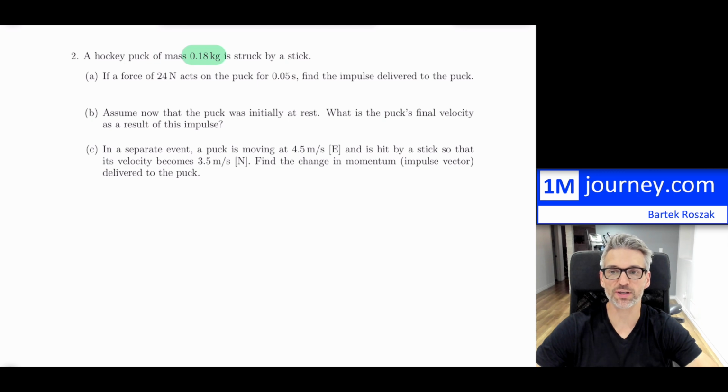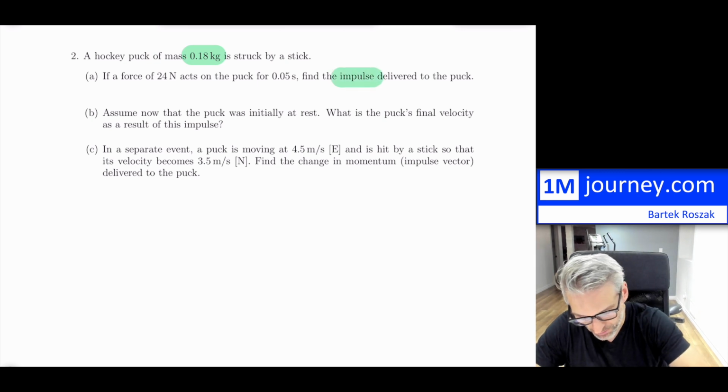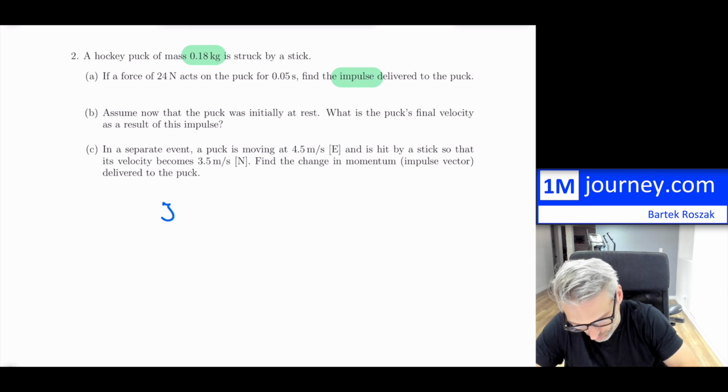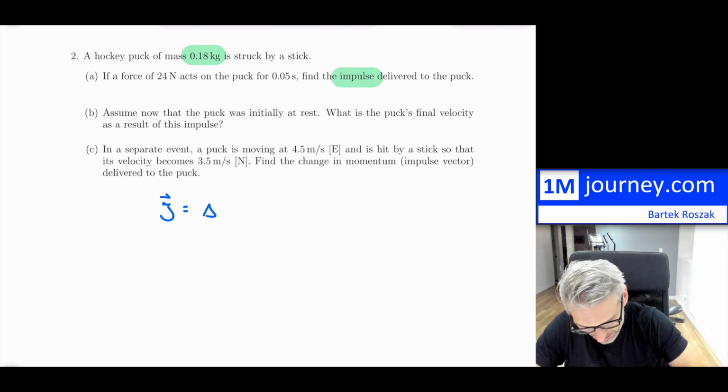If a force of 24 newtons acts on the puck for 0.05 seconds, find the impulse delivered to the puck. So please remember what impulse is. Normally we designate it in this way. I'll drop the vector symbol momentarily, although this is really just one-dimensional. This is just a change in momentum.